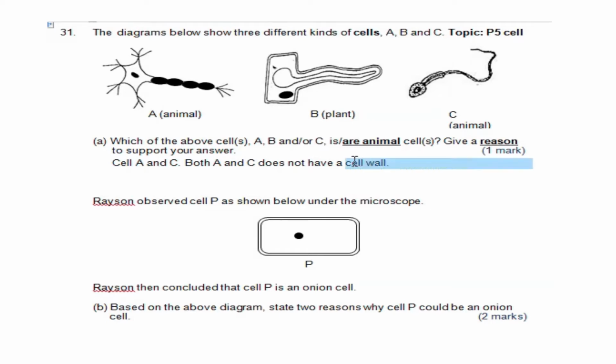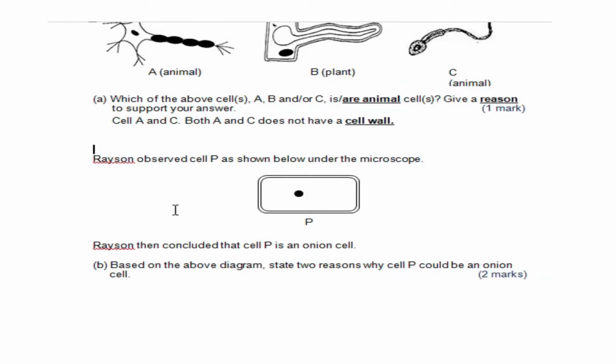Okay, so this is the one that I'm looking out for. It doesn't have a cell wall. Now, some of you might tell me, oh, A and C, they are animal cells. Why? Oh, because B has cell wall. But you're not explaining why you choose A and C. You need to explain why A and C. So because A and C do not have a cell wall. Clear? Okay, now let's move on to the next one.